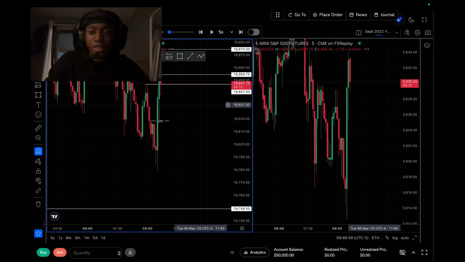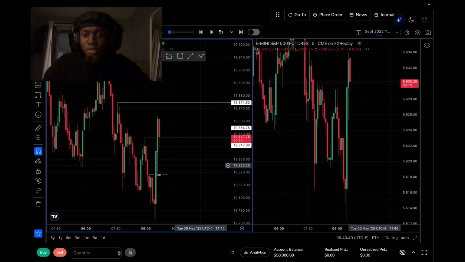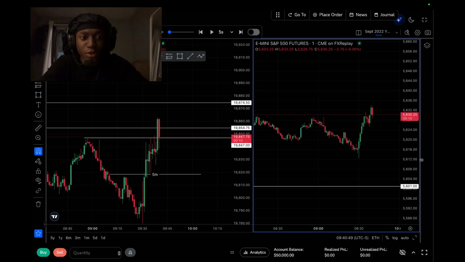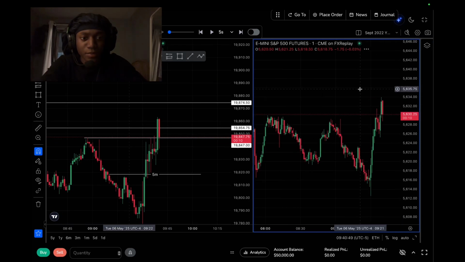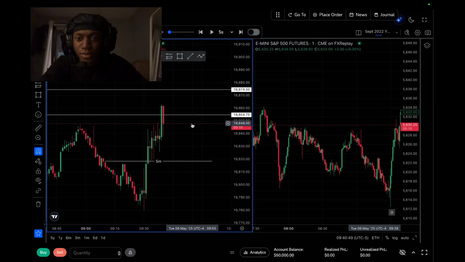There's not much for me here. We've taken out those draws. I'd like to see price start displaying some bearish structure ideally. Again, it's okay if we don't. I'm not going to force anything. But yeah, let's see.